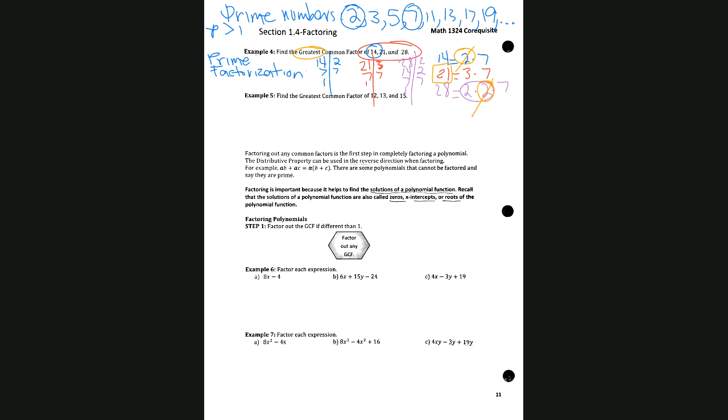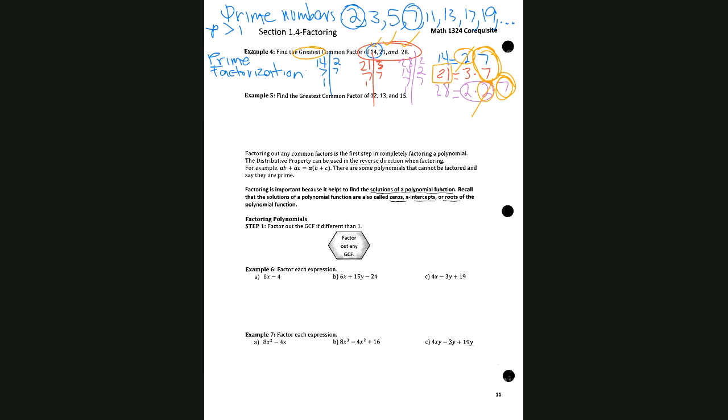But in this case, the only common factor will be 7. Because for it to be a common factor, all three numbers, 14, 21, and 28, have to have the same number as the common factor. And of course, we always try to pick the largest of all.